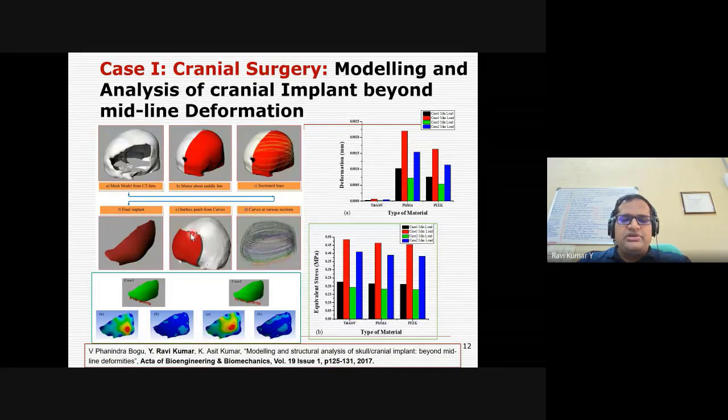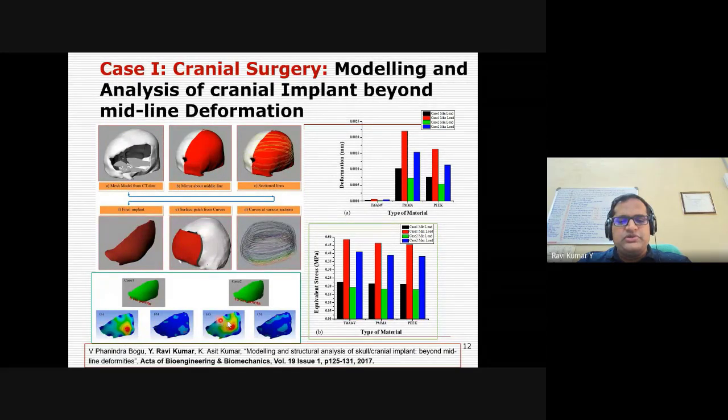How many fixation points do we need? Ultimately your implant is getting fixed onto the skull of the patient. So the number of fixation points and their locations matter a lot regarding the pressure that the body fluid is exerting onto the implant.